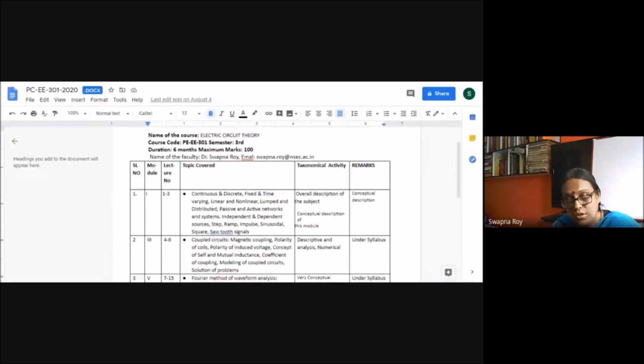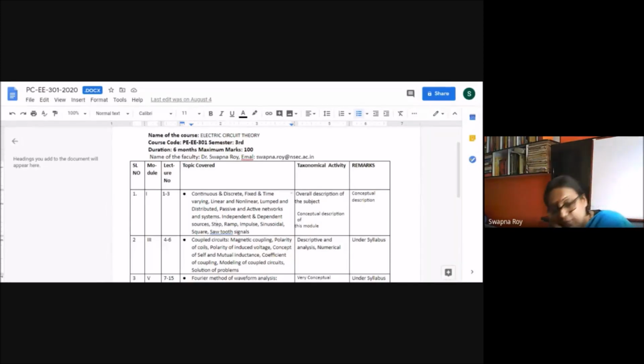Current controlled current source, CCCS. So there are 4 types of dependent source: voltage controlled voltage source, current controlled voltage source, voltage controlled current source, current controlled current source.